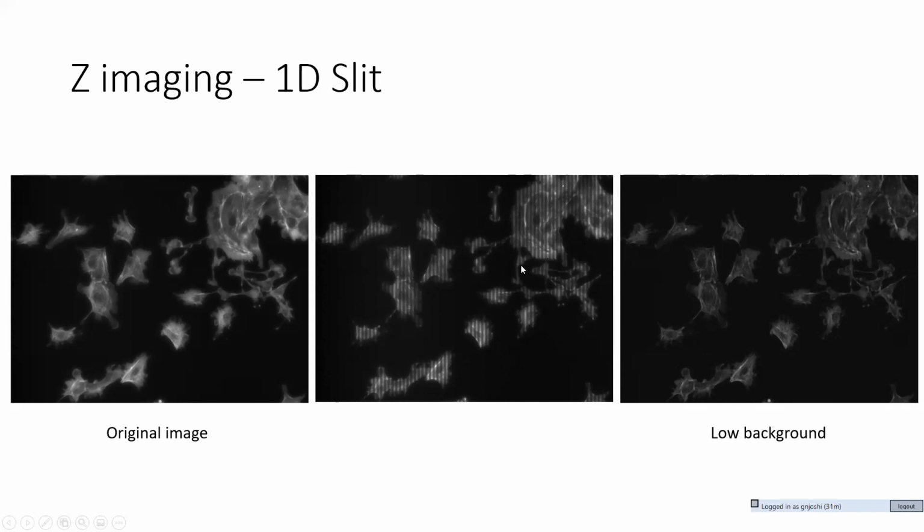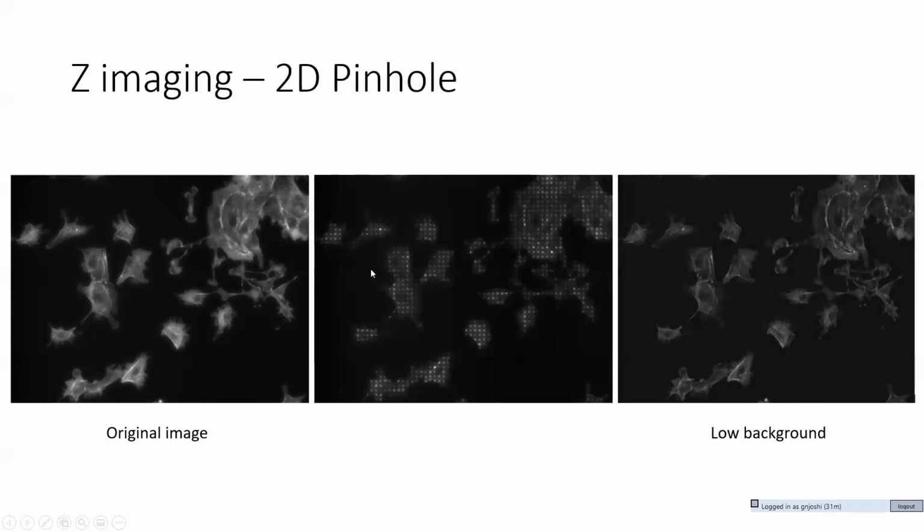And once all is said and done, much of the background is removed, right? So that's what you get with 1D slit. And with 2D pinhole, it puts this kind of grid pattern onto the image. And that's how the software determines what is the real fluorescence, what is the background, and it also takes care of the background, and now you get this image.